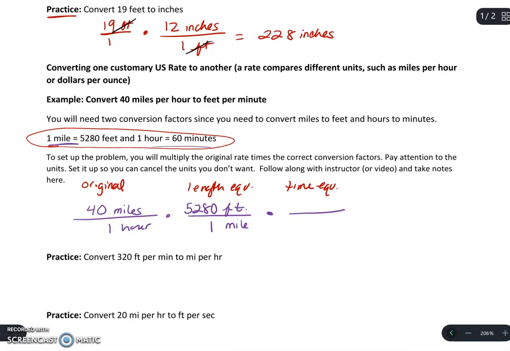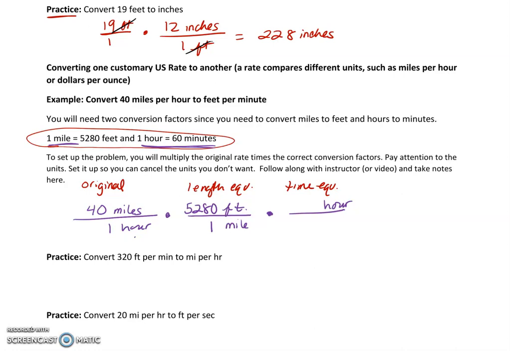And then the time equivalency, we're going to look at the 1 hour equals 60 minutes. So we want to get rid of the hours here. So any numerator with any denominator, because we're multiplying, there's no division happening with these fractions. We might have to divide something to make a calculation at the end, but we can use the commutative property and associative property to kind of move things around here.